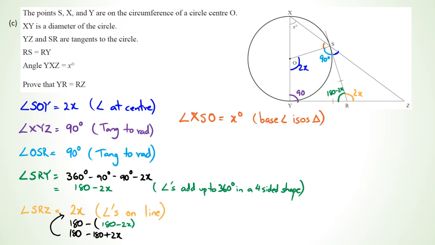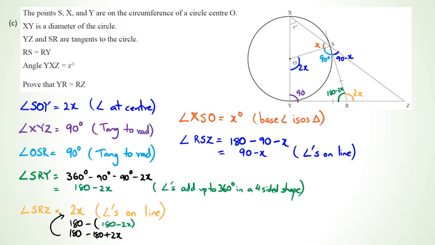So that's this new blue angle, angle RSZ is 180 minus 90 minus x, because remember that this was also x. So we have angle RSZ equals 90 minus x, and that's because angles on a line. So this here is 90 minus x.